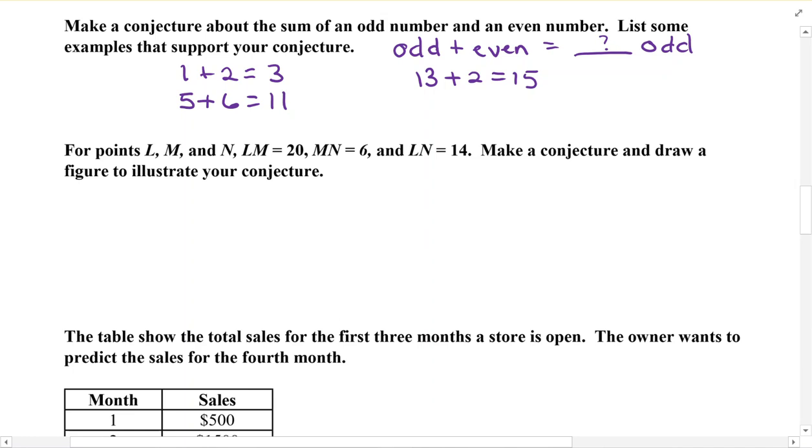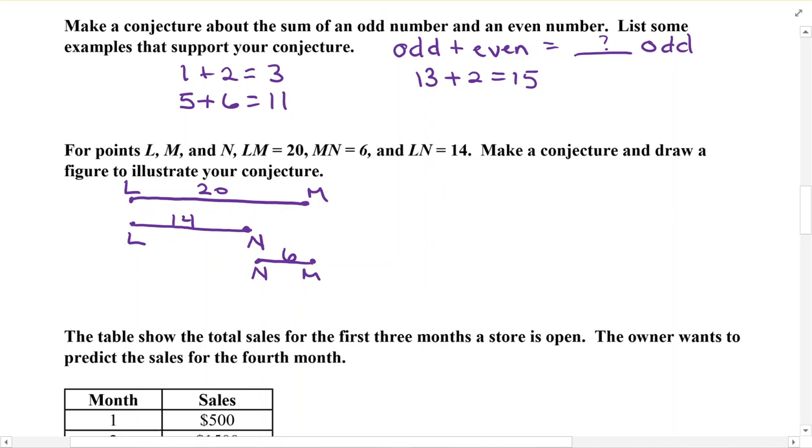For points L, M, and N, LM is 20. So here's LM, and we'll give that a length of 20. MN is 6, and LN is 14, and we want to conclude something about the points. So we know that LN is 14, but MN is 6.